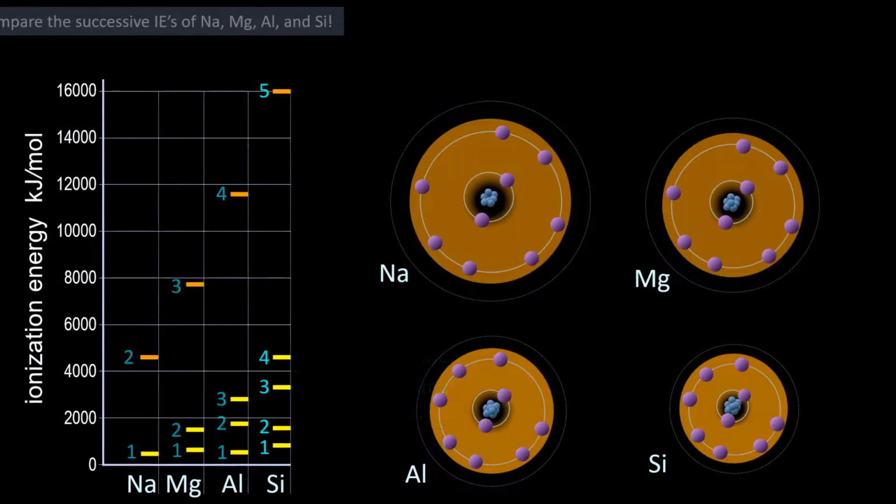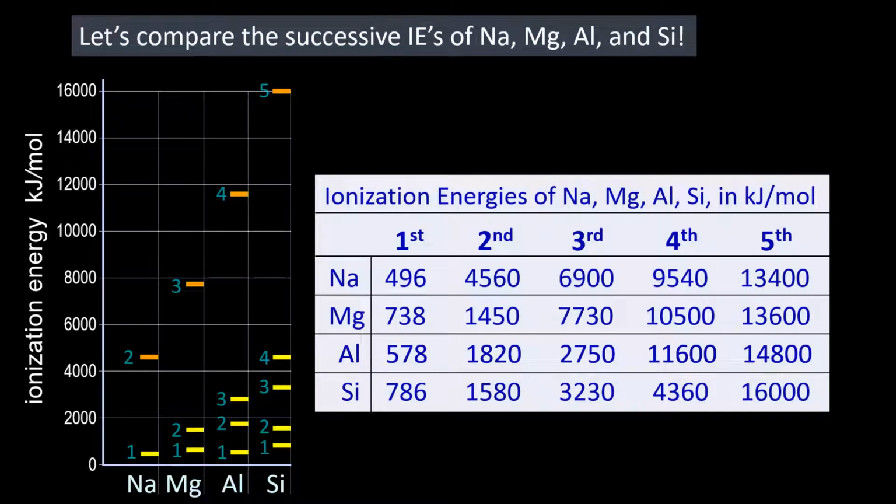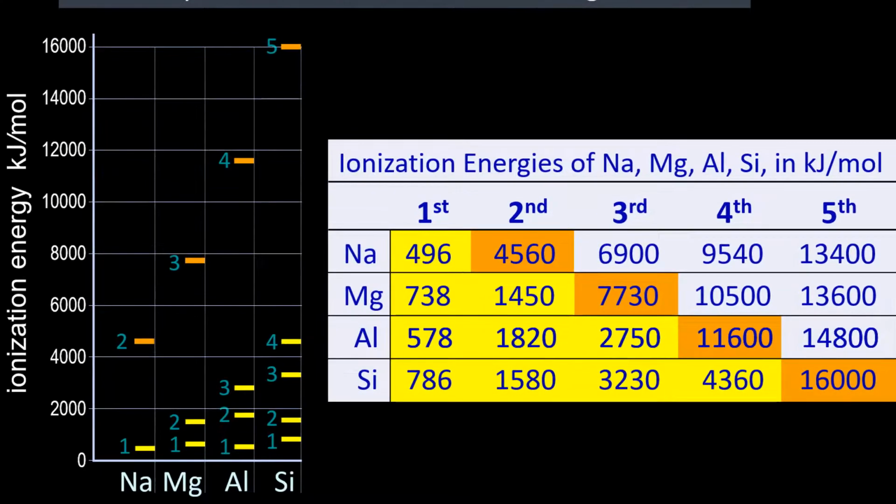If we compare the successive ionization energies in a table, with ionization energies for valence electrons in yellow and core ionization energies in orange, we can see the big jumps in ionization energies for each element occur at the point when removing an electron from a noble gas electron configuration. Sodium loses one valence electron to get to the 10 electrons of the neon configuration, so there is a big jump at the second IE.